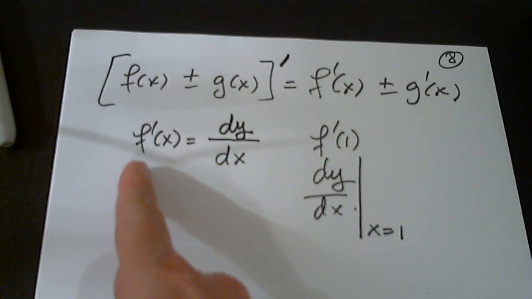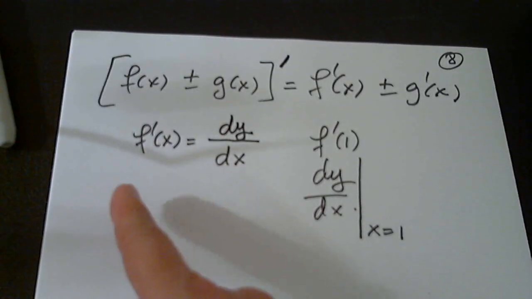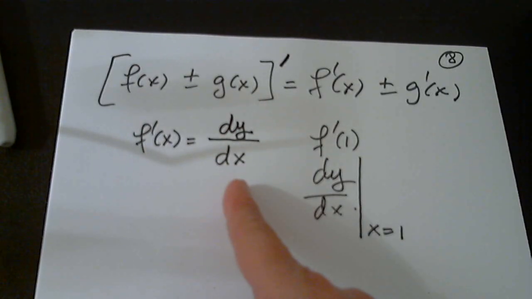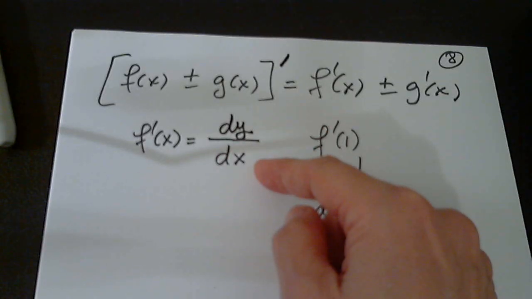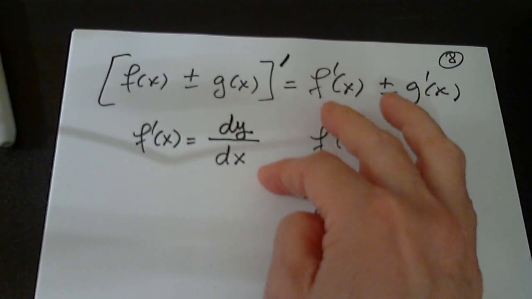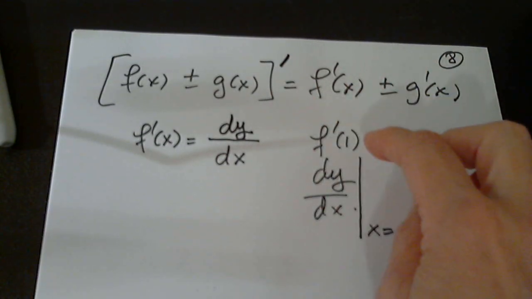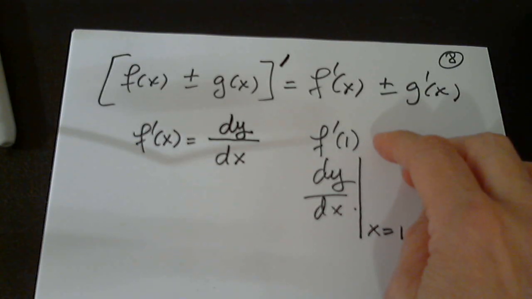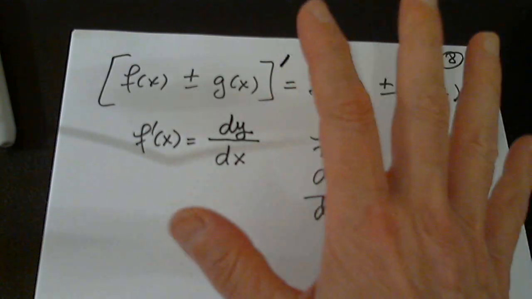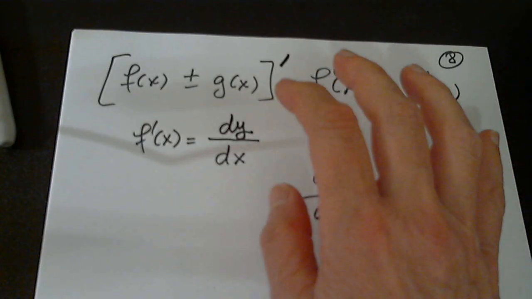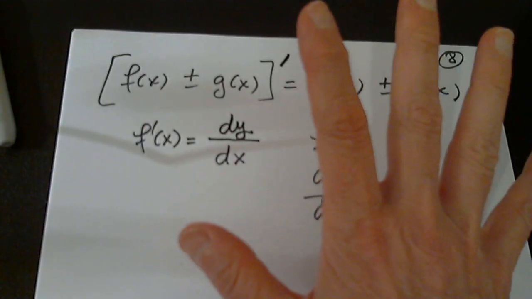This is the derivative, and this is the derivative of f with respect to x. So dy over dx, the derivative of y with respect to x. Although, I don't want you to read it as the derivative of y over the derivative of x. Sorry.